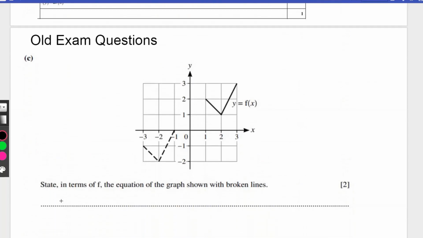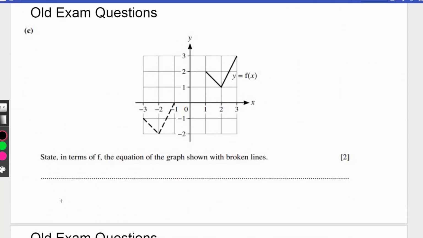What about this? Pause it, tell me what is going on here. Remember, we're starting from solid and going to dotted. All right, so let's take a look here. It's not a reflection over the y-axis or the x-axis. The shape is the same identically, so that means it's not been a stretch.